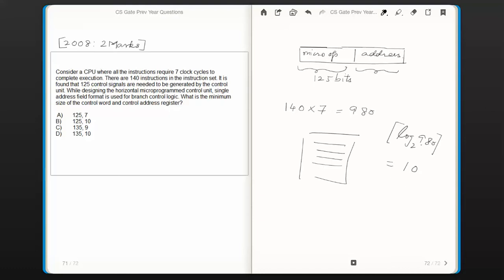The reason for this formula is that using 10 bits we can actually address 2 to the power 10 different micro instructions, and using just one less bit, that is 9, we can actually address only 2 to the power 9, that is 512 micro instructions.